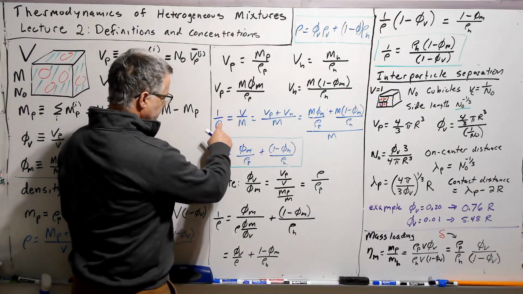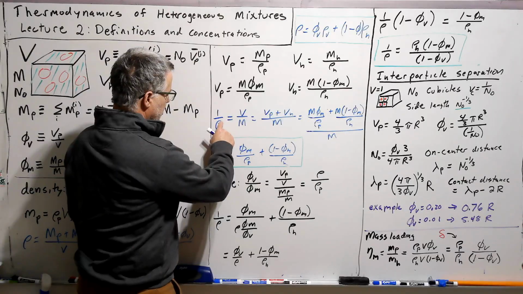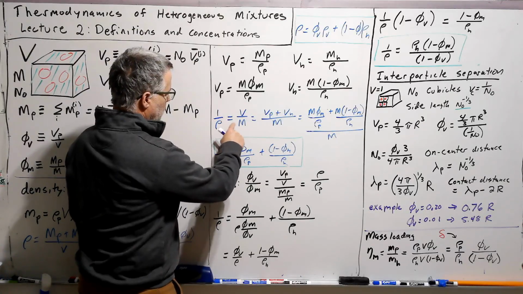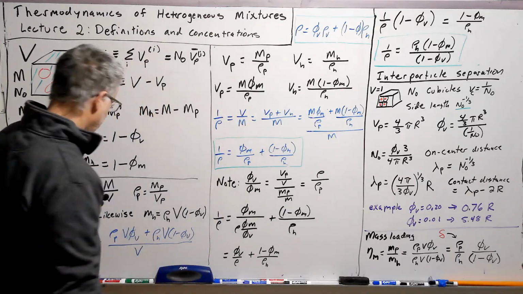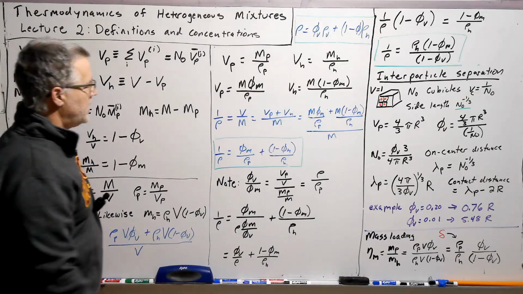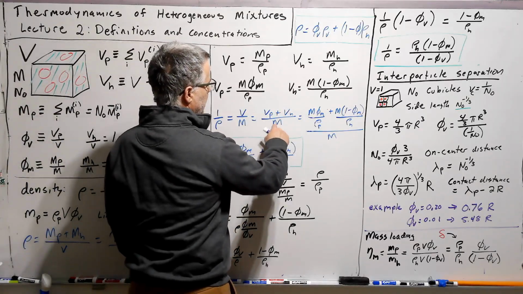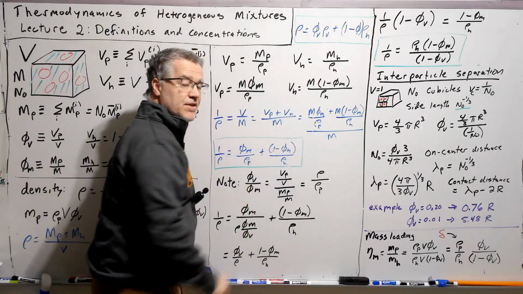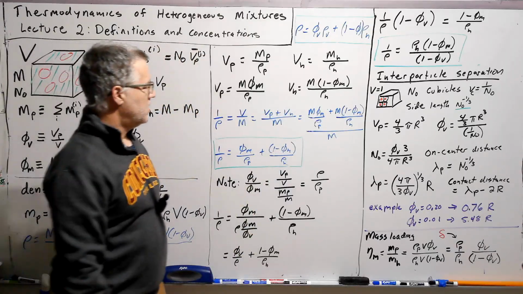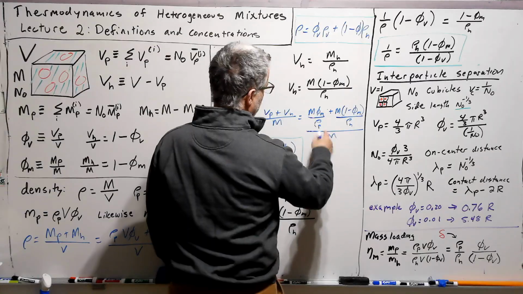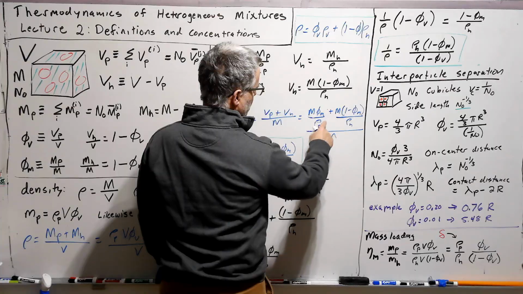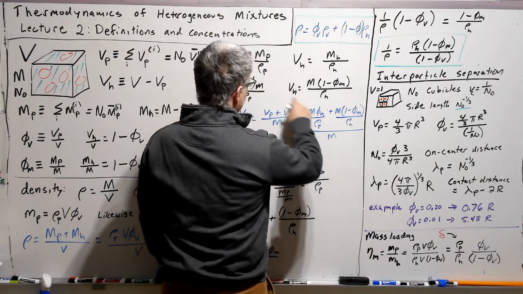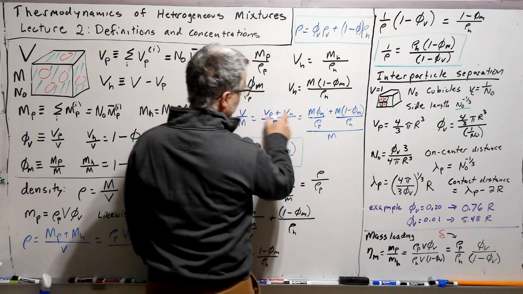And so we have 1 over the density is volume over mass now. We're going to do the same trick: take the numerator, split it up into its component parts, but keep the denominator as its full mixture. This is coming just from up here, so it's breaking each of these up.